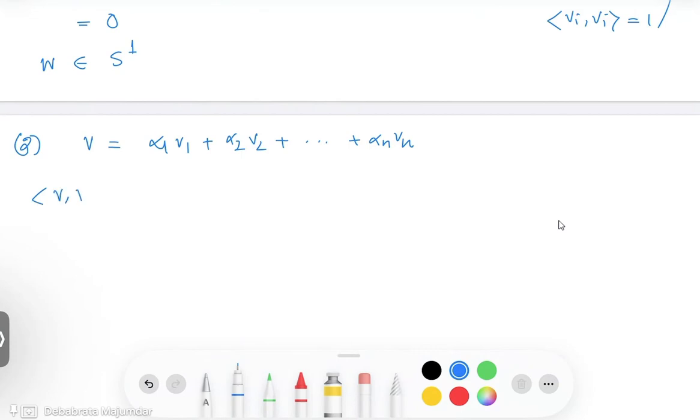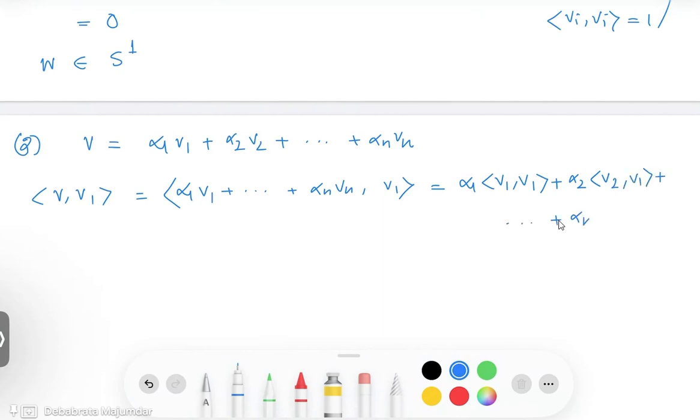Now I can do it, right? Can I do it? So you can easily observe this will be only alpha 1.